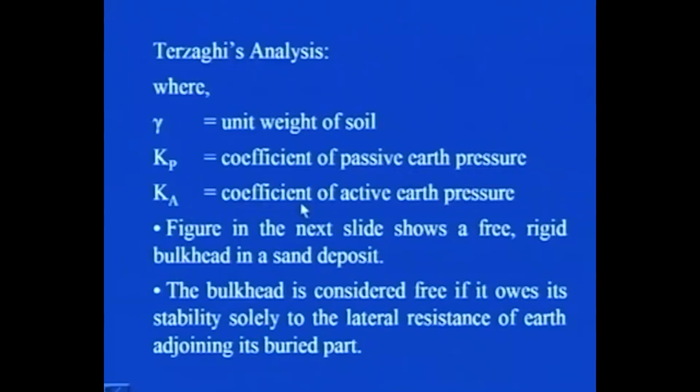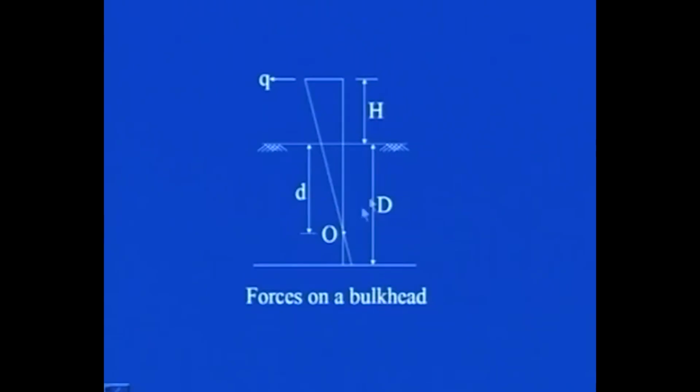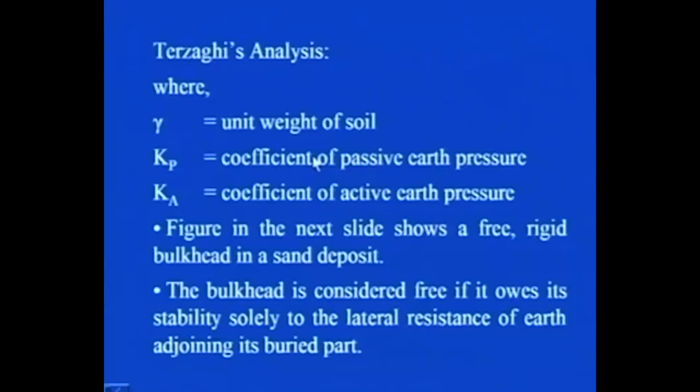where gamma is the unit weight of soil, Kp is the coefficient of passive earth pressure, and Ka is the coefficient of active earth pressure. Then I am showing you a figure in the next slide, which gives the schematic diagram of the bulkhead in a sand deposit. The bulkhead is considered free if it owes its stability solely to the lateral resistance of earth adjoining its buried part.